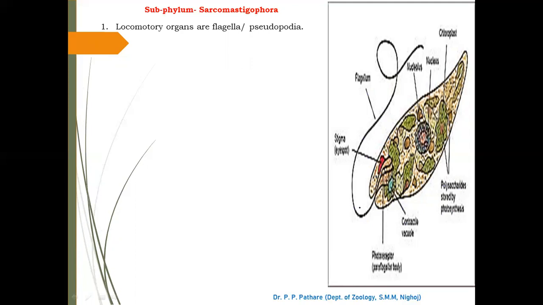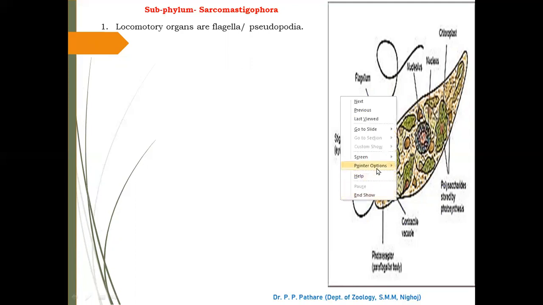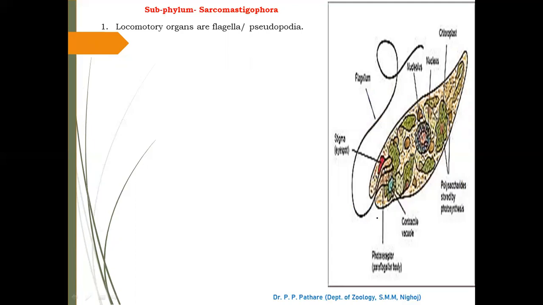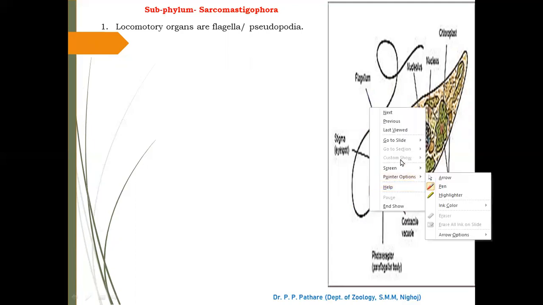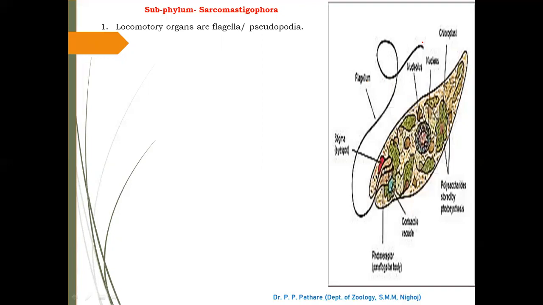Now, if you just observe this photo image, you can easily understand what their locomotory organs are. I will try to highlight this red line. This red line is your flagella for the locomotion type.